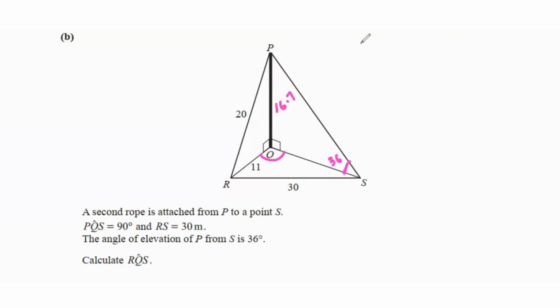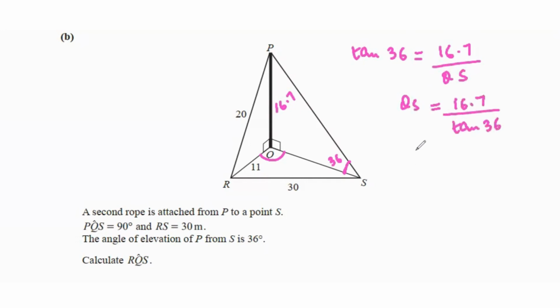So we will do tan of 36 equals 16.7 over QS. QS is going to be 16.7 divided by tan of 36, which will give us 22.99 meters.